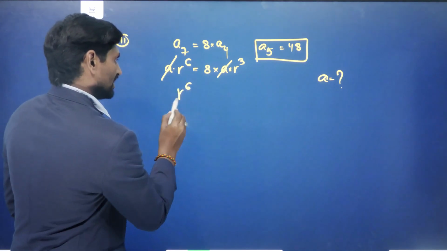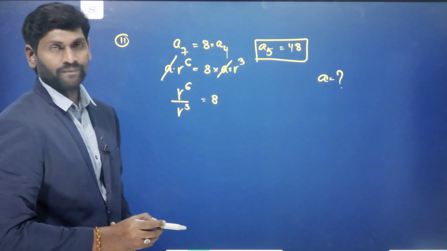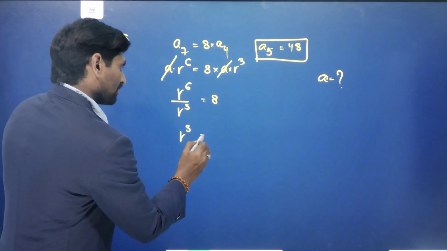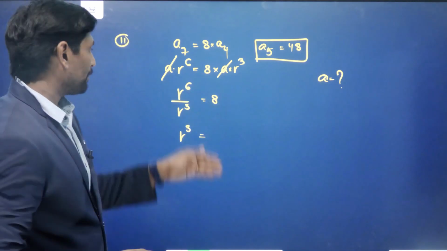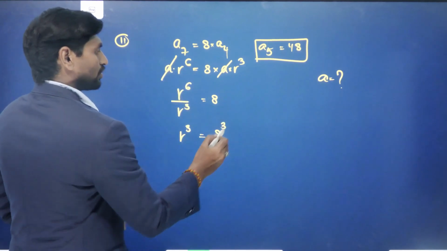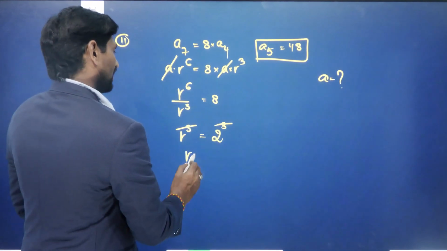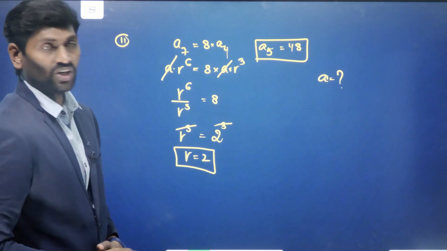Now r power 6 by r cube equals 8. R power 6 by r cube is r cube, using the law of exponents, a power m by a power n is a power m minus n. And 8 we can write as 2 cube, 2 into 2 into 2. The cubes cancel, so the common ratio is 2.